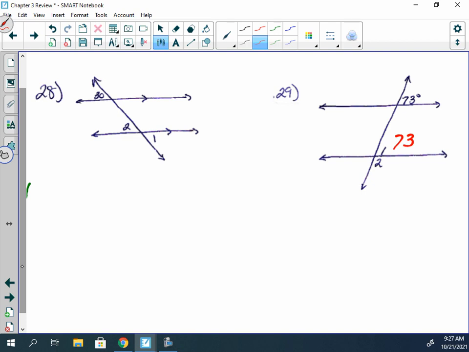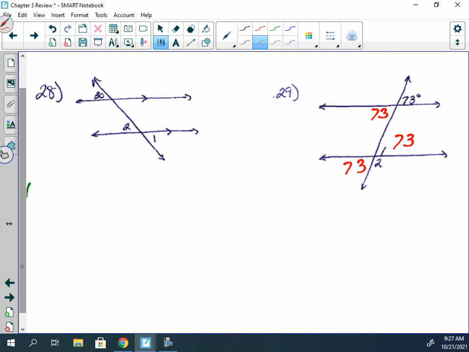Alternate exteriors for 73, since it's above and to the right, would be below and all the way on the other side. And then our vertical angle would be right here. Yes? Alternate exterior, alternate interior, corresponding. We have those all set up, yes?